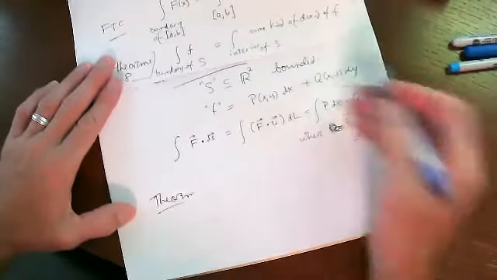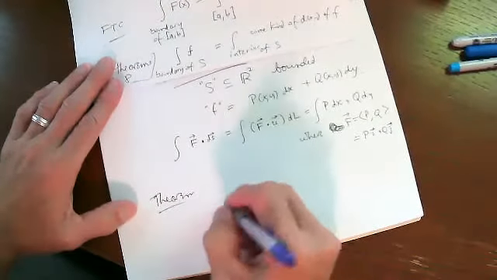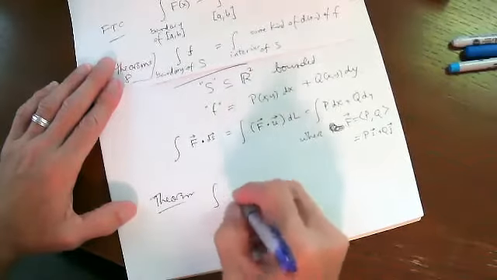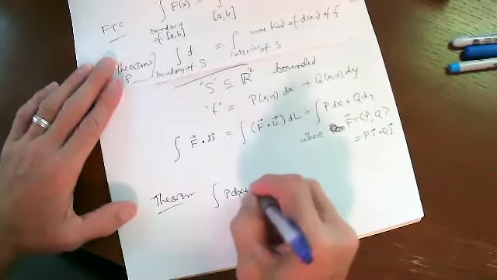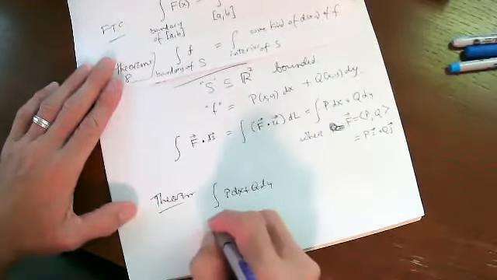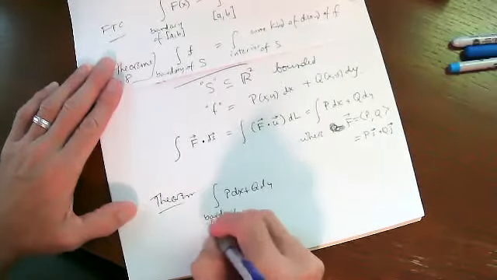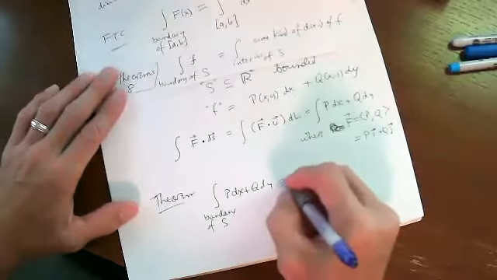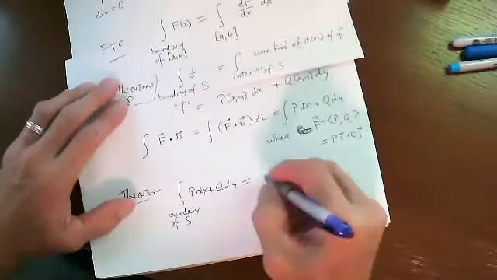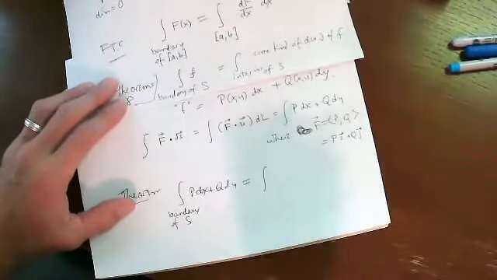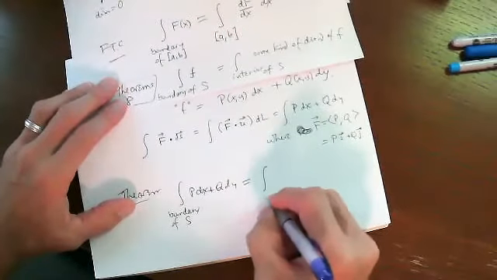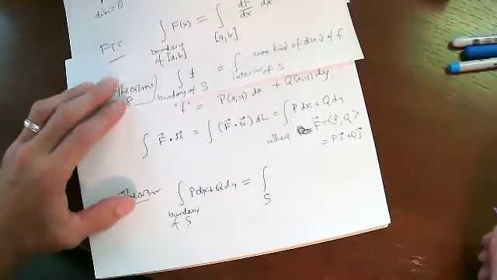If S is indeed a bounded subset of the plane, then when you integrate P dx plus Q dy over the boundary of S, you will get the same value as if you had computed an integral, a double integral now, over the interior of S itself.